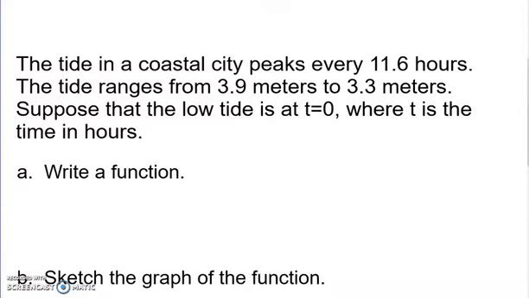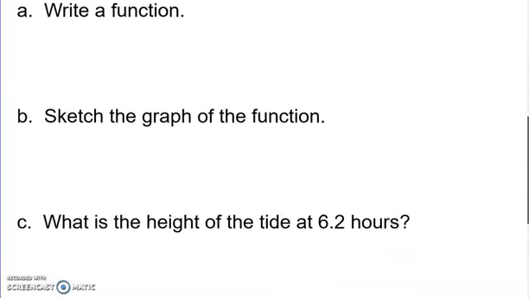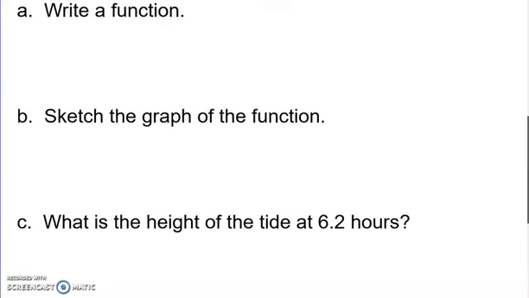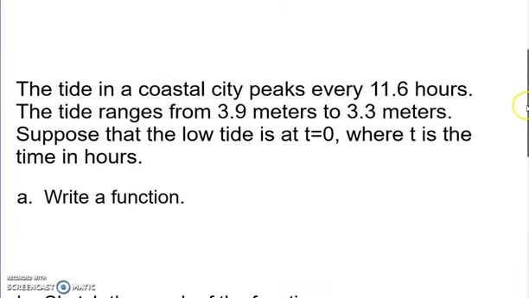The tide ranges from 3.9 meters to 3.3 meters. And then suppose that low tide is at t equals 0, where t is the time in hours. And it looks like we have to write a function, sketch the graph of it, and then also make a prediction using the function, which is typically what you'd have to do in these kinds of word problems.